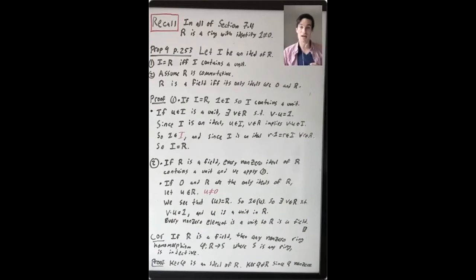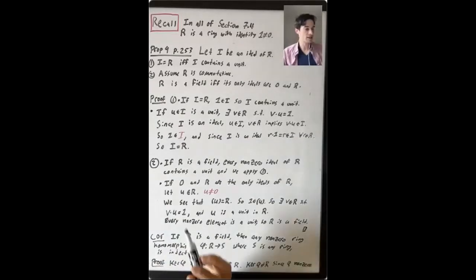For example, you could ask, here's a field, what are all of the automorphisms of the field? A ring homomorphism from the field to itself. And that's something that'll come up much more when we talk about fields in detail in 206 B and C.